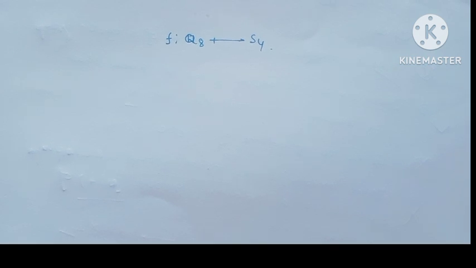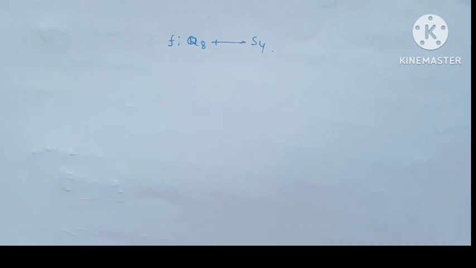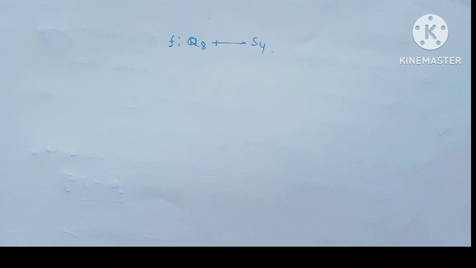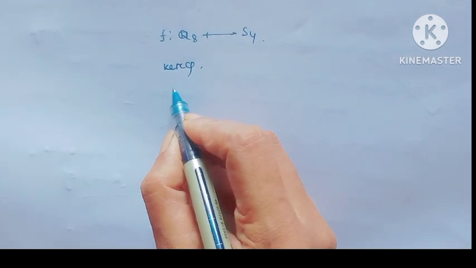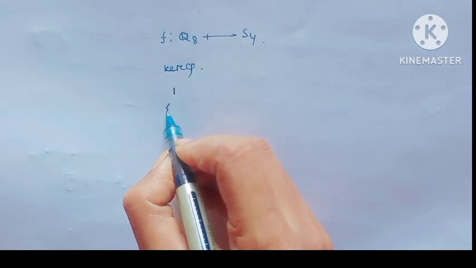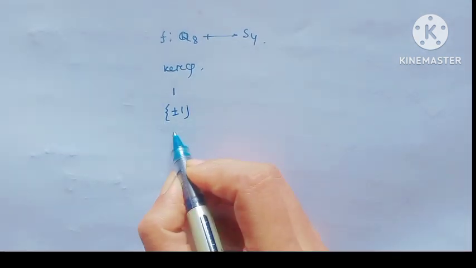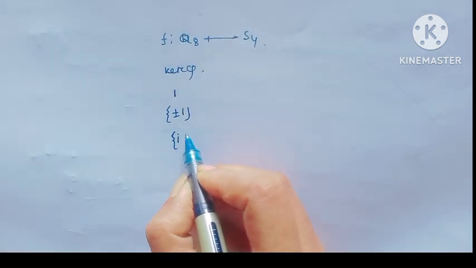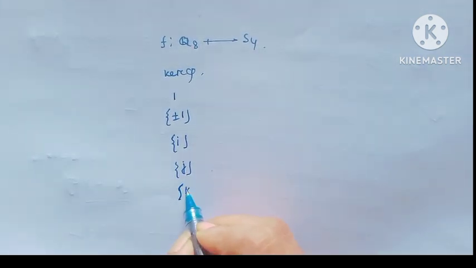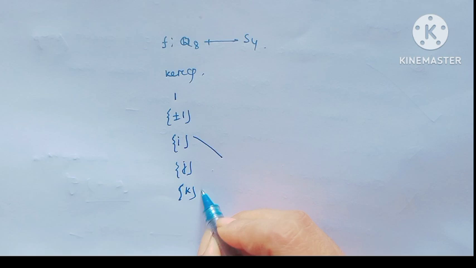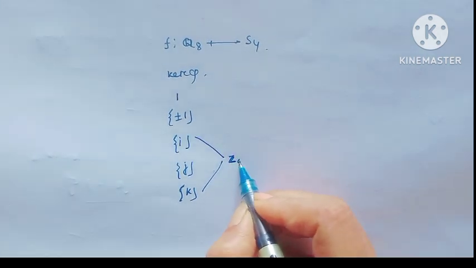So the kernel of phi is the identity, plus minus 1, i, j, k, and these are isomorphic to Z4.